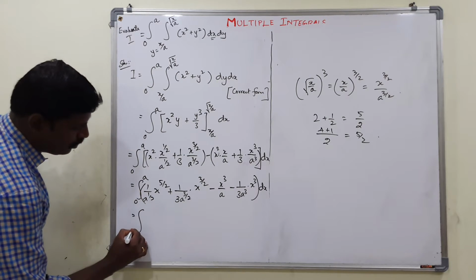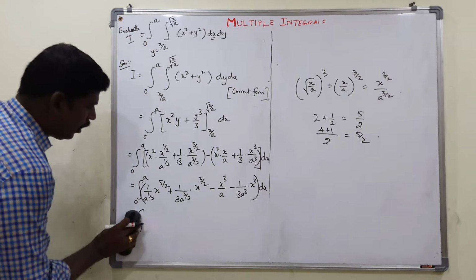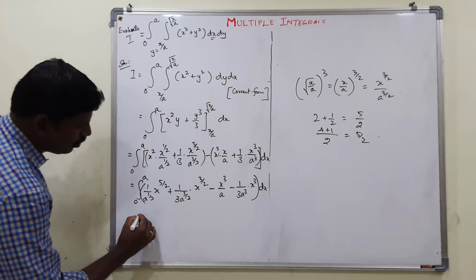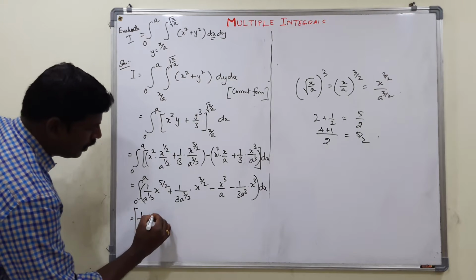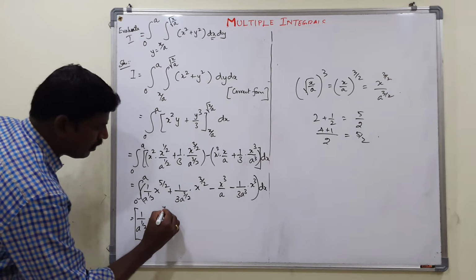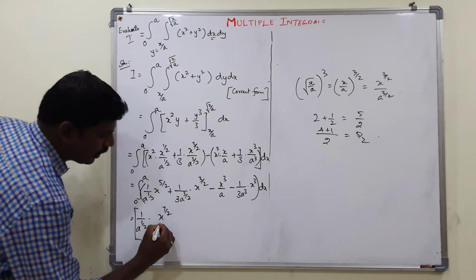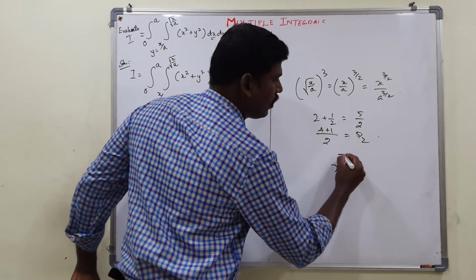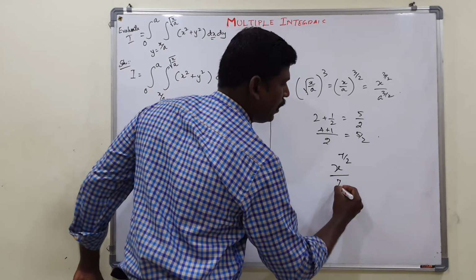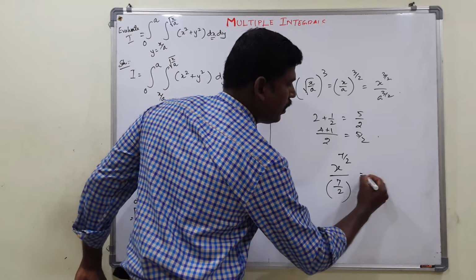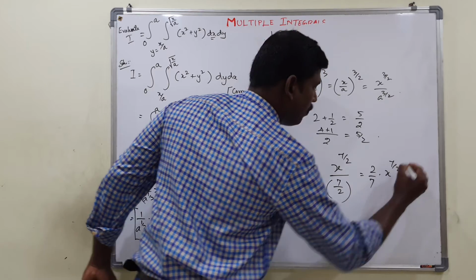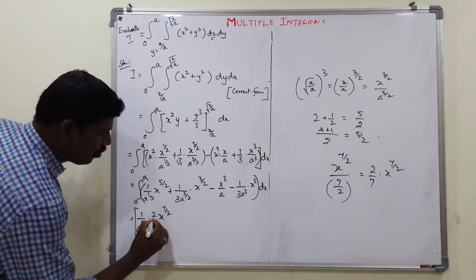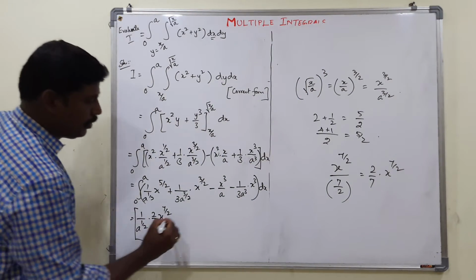That is equal to integral 0 to a. Now I am going to integrate it. So that is equal to 1 by a power 1 by 2 into x power 5 by 2, which becomes x power 7 by 2 by 7 by 2. That can be written as 2 by 7 into x to the power 7 by 2.